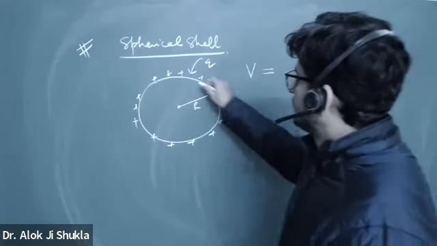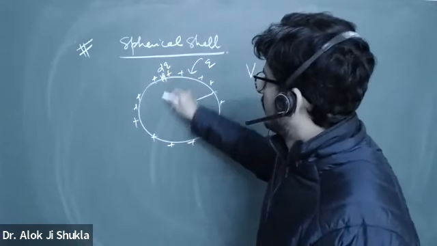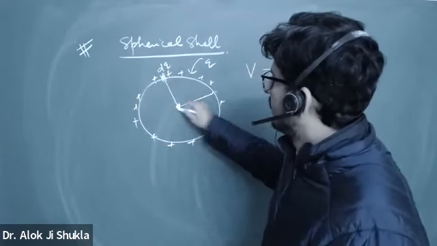So if I take a small charge, say dq, and this is the distance from the center.